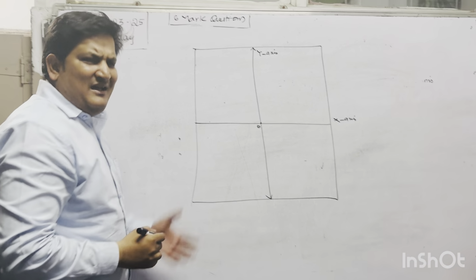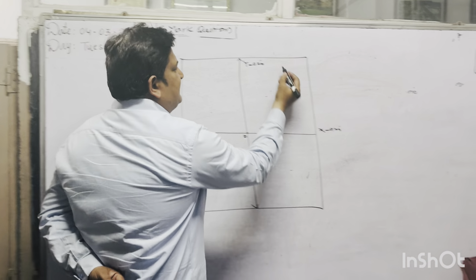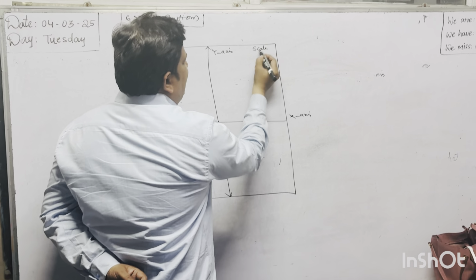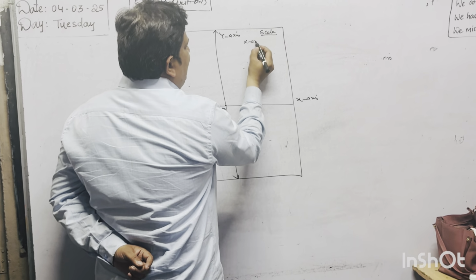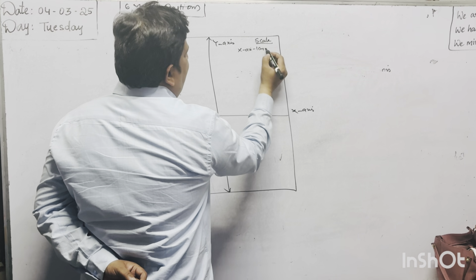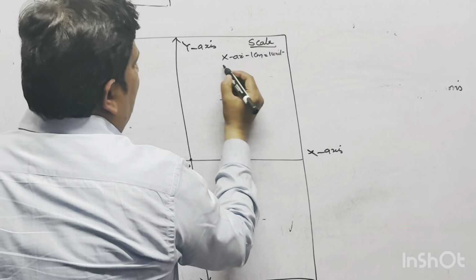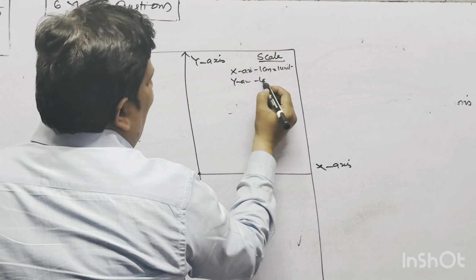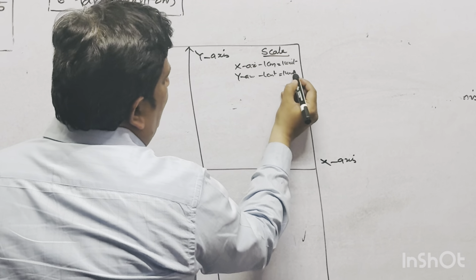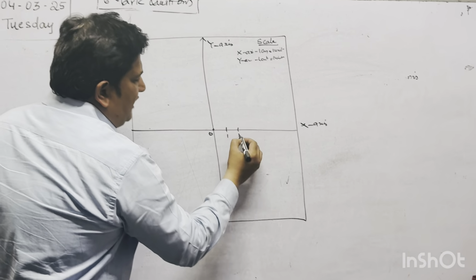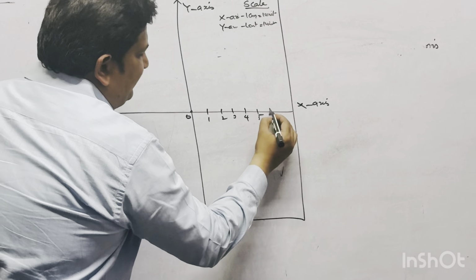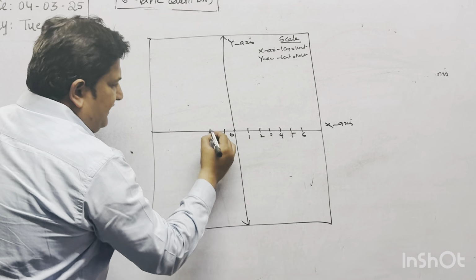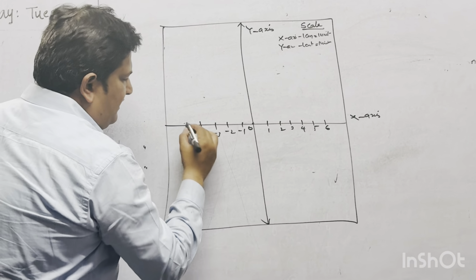And this is O. For every graph, what is important is the scale on the right side. X axis 1 centimeter is equal to 1 unit. Y axis 1 centimeter is equal to 1 unit. Then write the coordinates 1, 2, 3, 4, 5, 6 on the x axis, minus 1, minus 2, minus 3, minus 4.